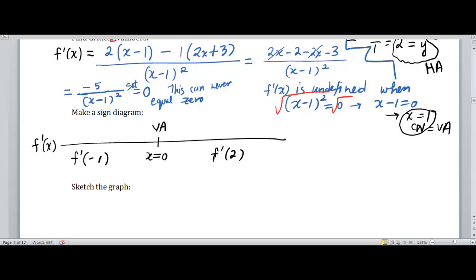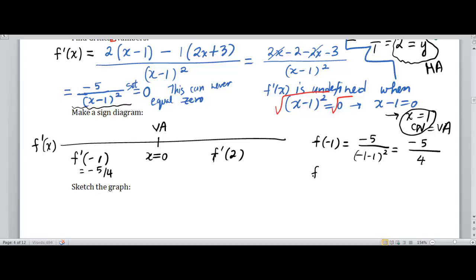This might be easier for me by hand rather than doing this on the calculator, so let's find f prime of -1. Remember I took the derivative and got it down to this simplified version, so we get -5 over (-1 minus 1) squared. That is -5 over (-2) squared, which is 4, so that's -5/4.